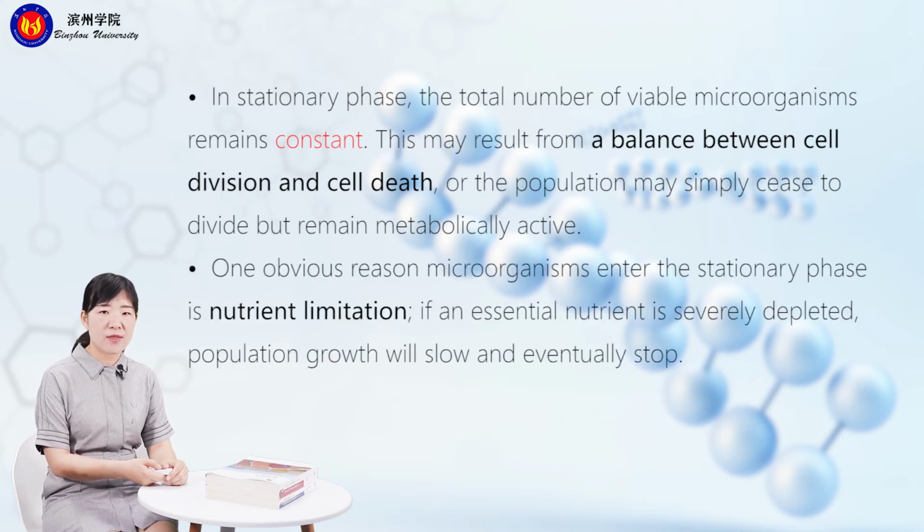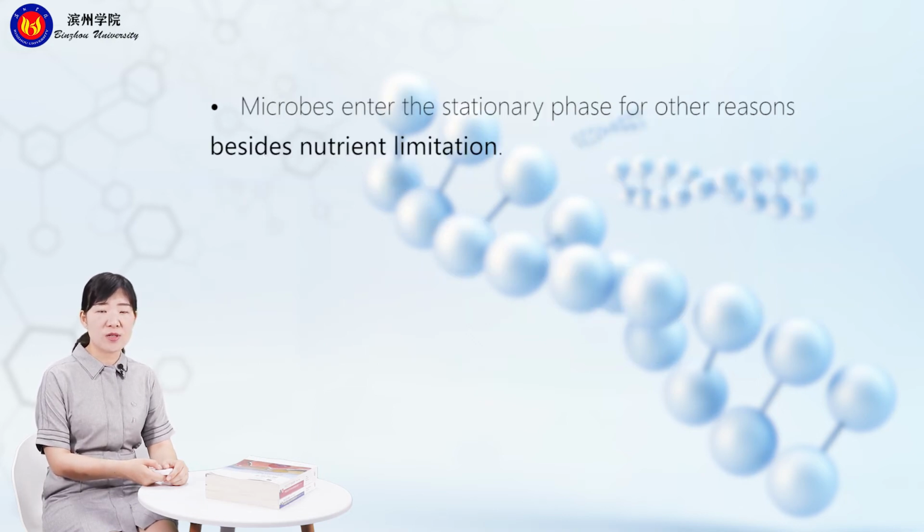One obvious reason microorganisms enter the stationary phase is nutrient limitation. If an essential nutrient is seriously depleted, population growth will slow and eventually stop. Microbes enter the stationary phase for other reasons besides nutrient limitation.